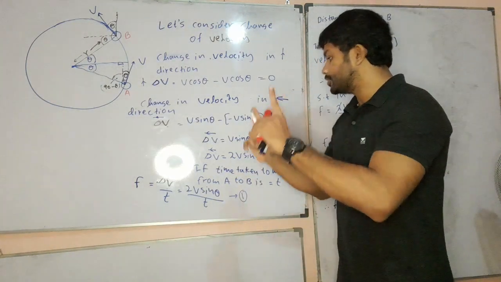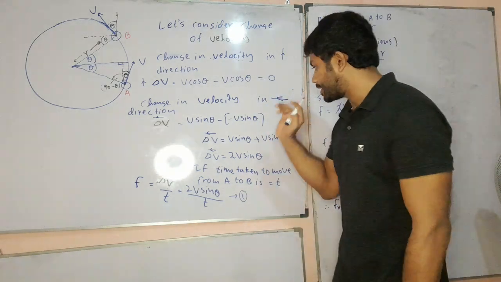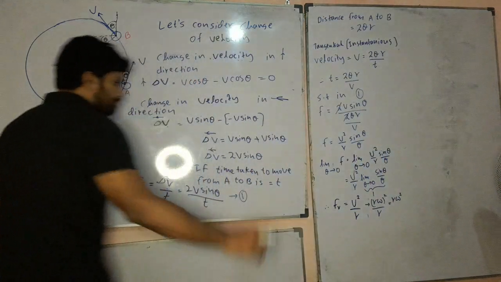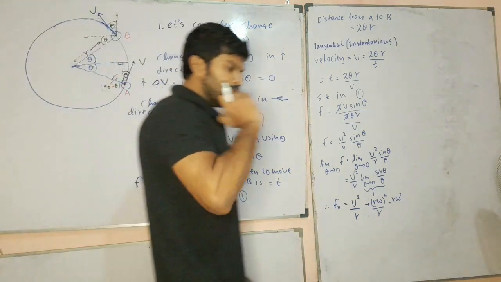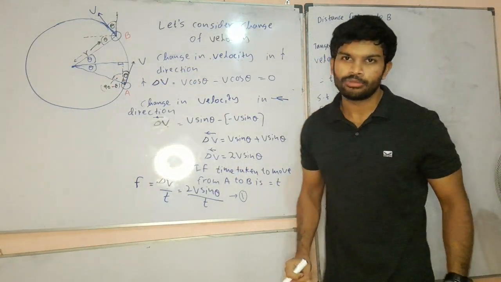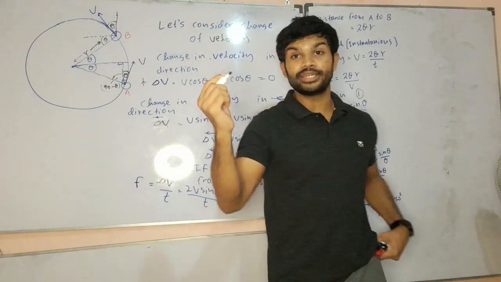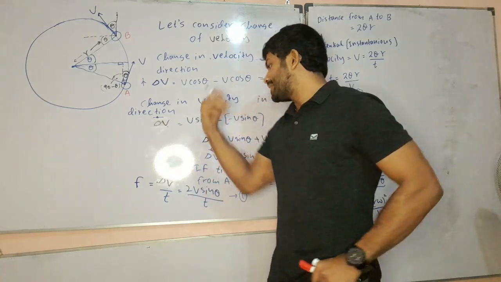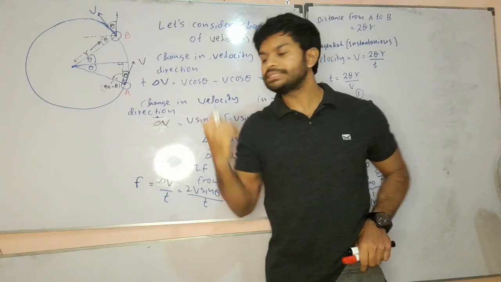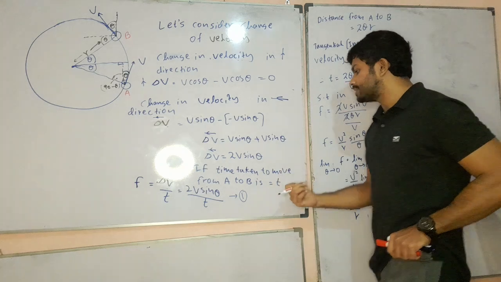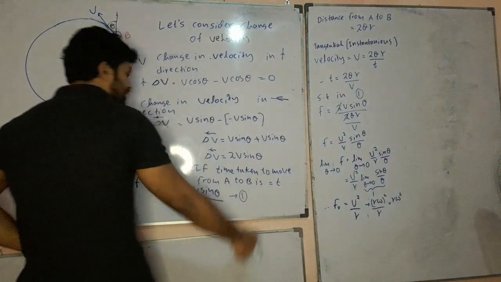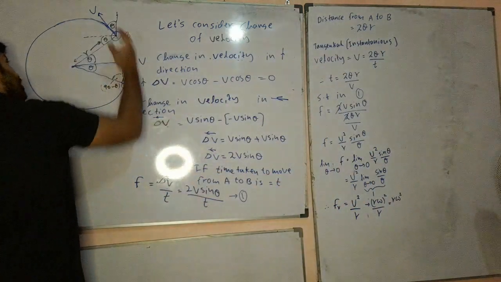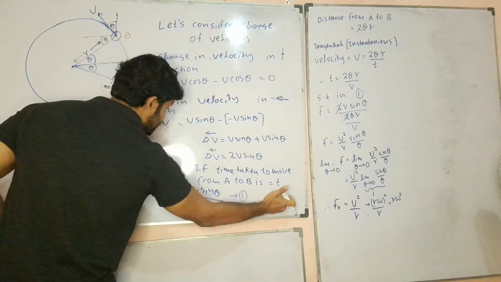Good. Now we need time, another hero. We can't discuss anything relevant to acceleration except the time factor. Let's take this time. If the time taken to move from capital A to B, I'm going to consider it as simple t here.